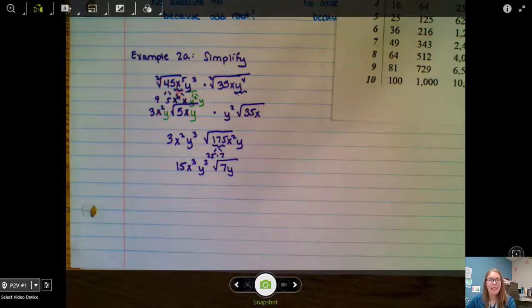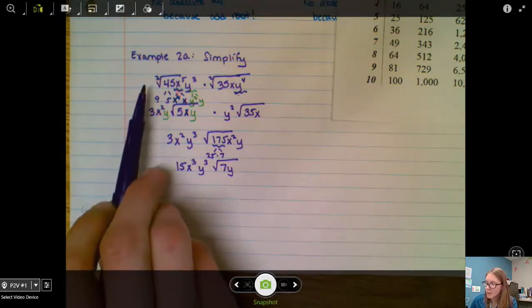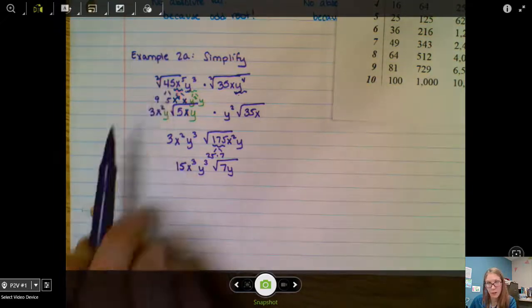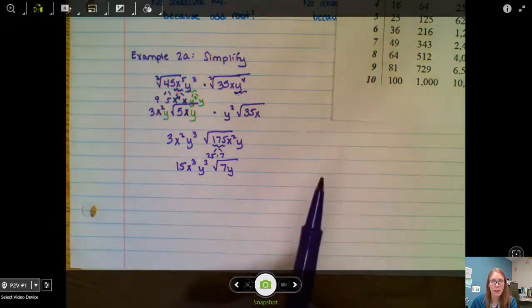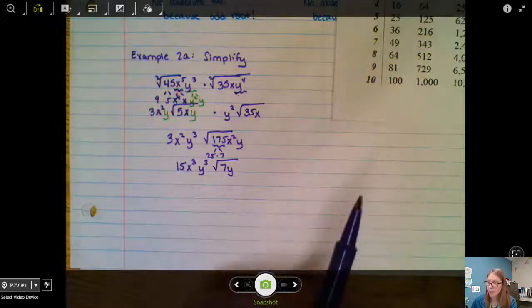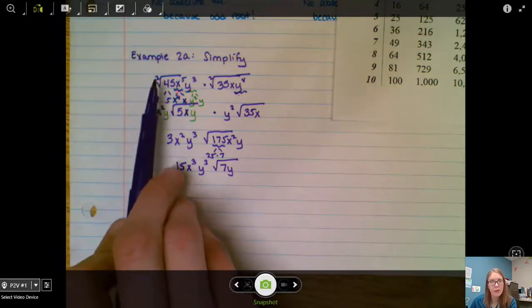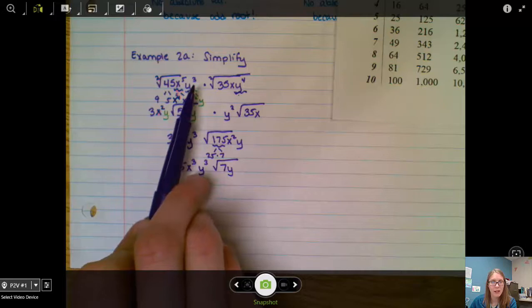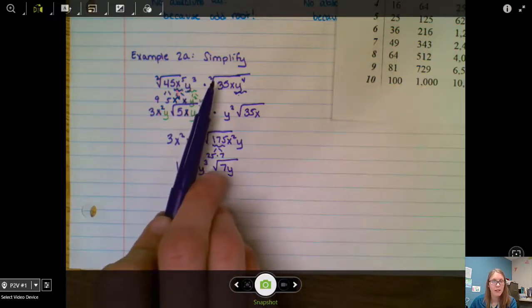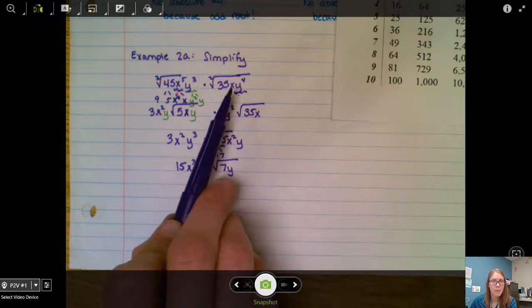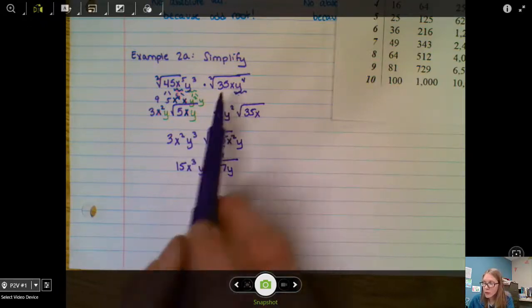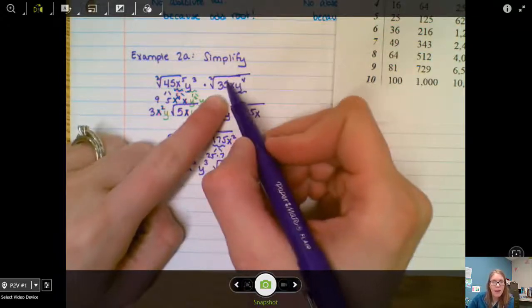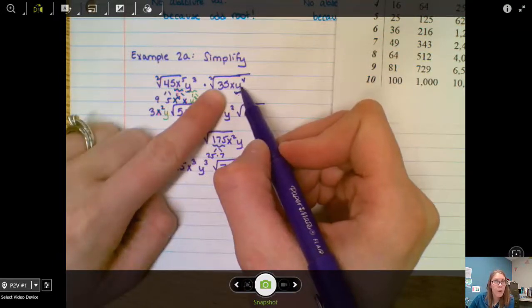Now we need to look back and think about absolute value here. I had an even root because it was the square root. My rule is if I have an even root and even power underneath, then I need the absolute value. And over here I have an even root, but odd powers underneath. Even root, odd power with the x, even power with the y. So if I was just looking at this radical, I would need the absolute value there for the y.